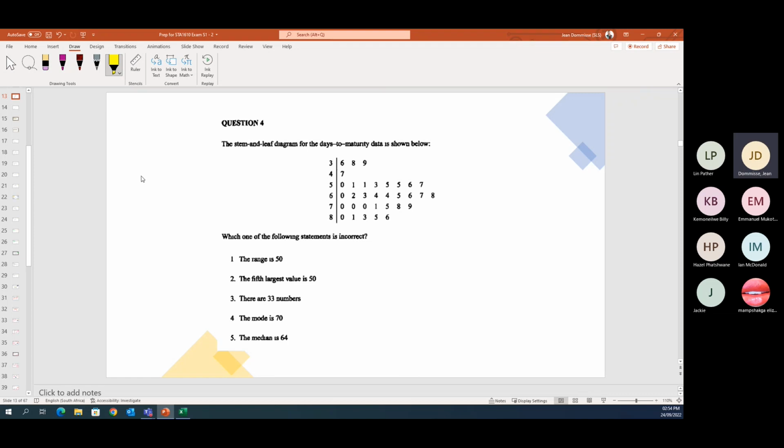So that's why I just added the stem and leaf in, and we'll cover two on that.